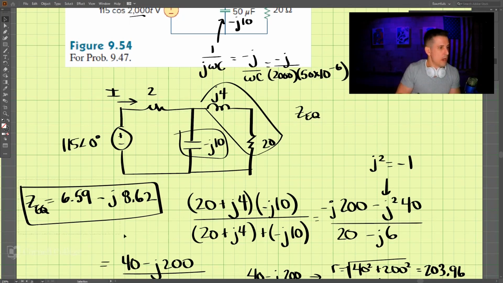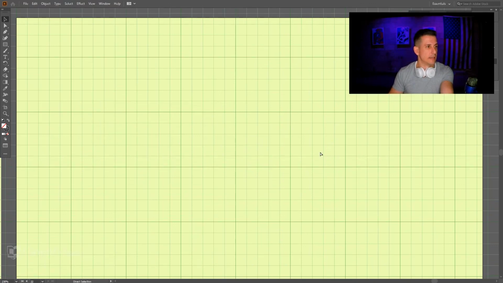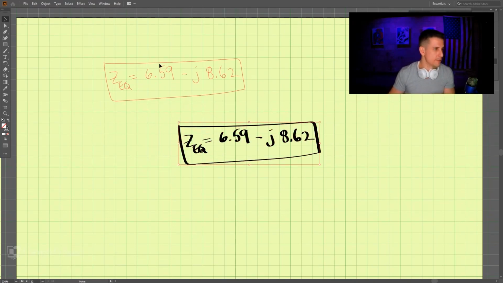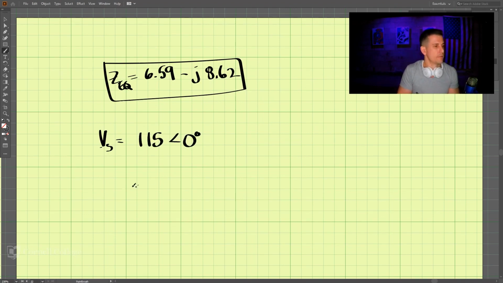All right, so now we can move on to finding the current, I. So we have the voltage, and we just need to divide by the impedance to find the current. So let me grab another sheet of paper. And so we have the total impedance, and then we have our voltage source, which is equal to 115 at 0 degrees. Now let's convert this to polar form.